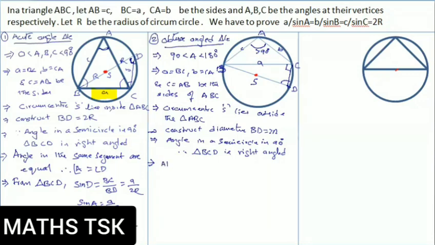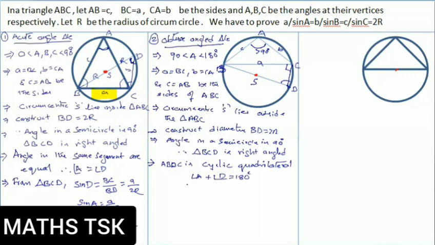ABDC is a cyclic quadrilateral, so angle A plus angle D is equal to 180 degrees. Sum of opposite angles is 180 degrees.